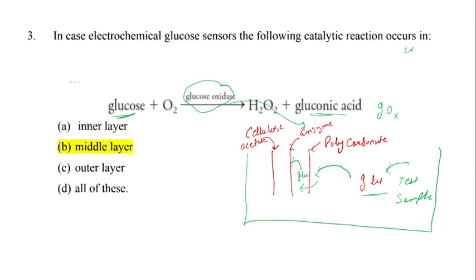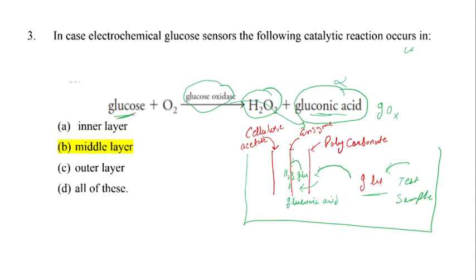In this layer, we do not have any interest in gluconic acid. We are not going to measure how much gluconic acid is formed. We are going to measure how much H2O2 is formed. So in this layer H2O2 will be formed, plus gluconic acid. We are ignoring the gluconic acid, only H2O2 we are worried about.